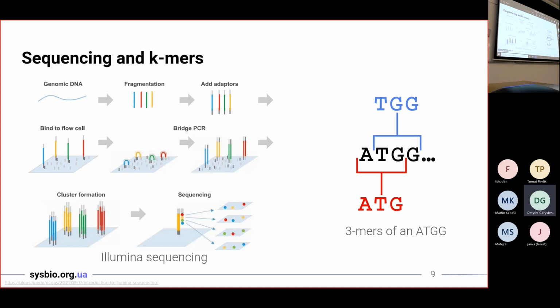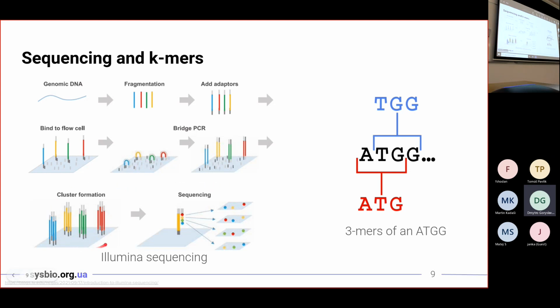I would like to take a closer look at the sequencing step. On the left-hand side, you can see a very popular method of sequencing, called Illumina sequencing. It consists of collecting DNA and fragmentation. After that, adapters are added to the ends of those strands so they can bind to the flow cell. This step is followed by an amplification step.